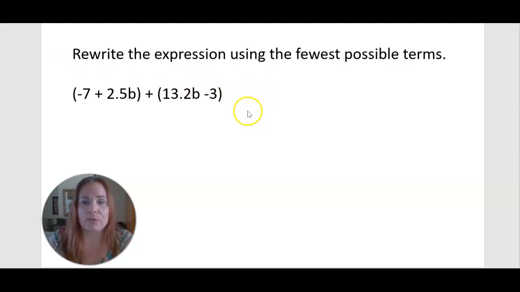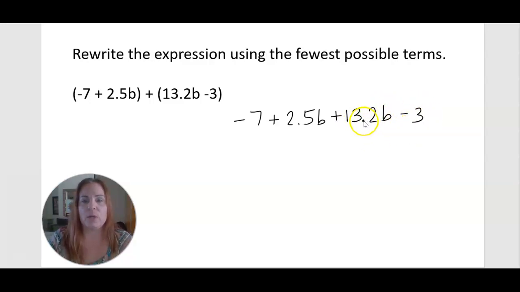So I would have -7 plus 2.5b plus 13.2b minus 3. All right, now what you're going to see in some of the answer choices is that anytime we have subtraction, they're going to rewrite that as an addition problem.